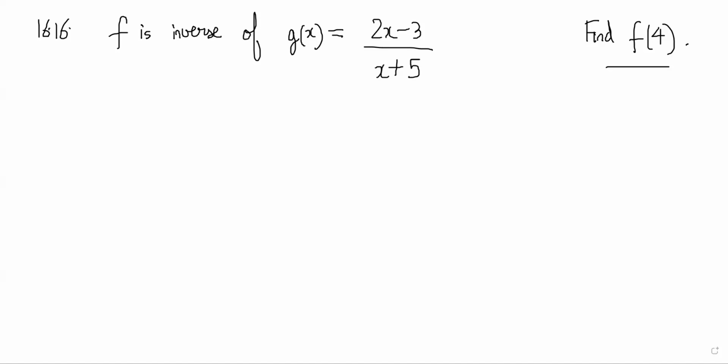And you can test it out. If you say that 2 is equal to (2x minus 3) over (x plus 5), and then you solve it, you'll get that 2x plus 10 is equal to 2x minus 3, which is not possible. So that's why we know that 2 is not in the range of g of x.